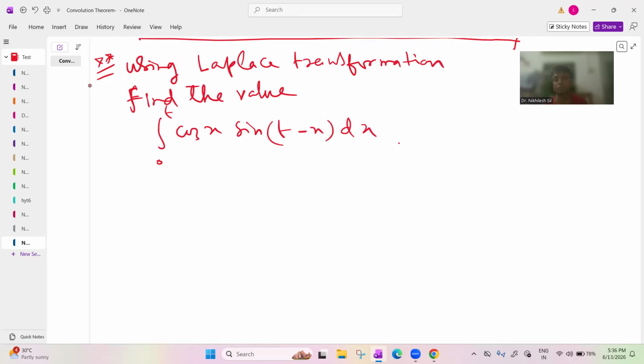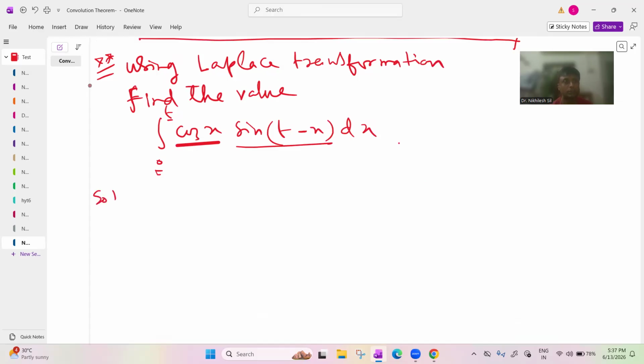Now with the help of the Laplace transform, that means we cannot do this integration directly. We have to use the Laplace transformation. How can we use it? Look at the range of the integration: this is 0 and this is t. This is the form of the convolution theorem, f1 convolution f2. One function is cos x, another function is sin t minus x. So it is simply f1 x into f2 t minus x.